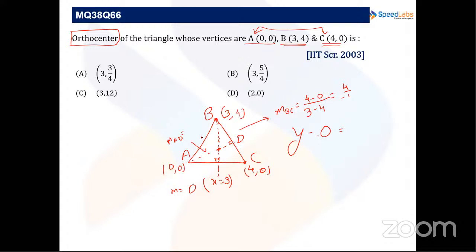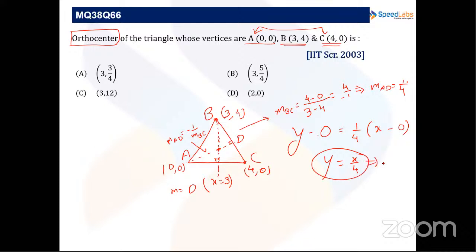So it will be minus 4. So slope of AD will be minus 1 upon slope of BC. So slope of AD will be 1 by 4. So y minus y1 equals to 1 by 4 x minus x1. So y will be x by 4.